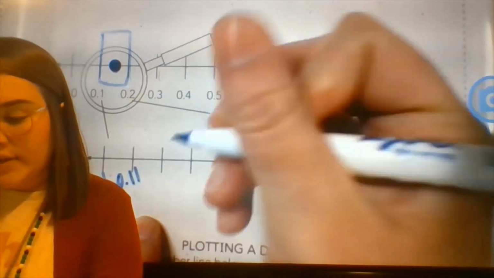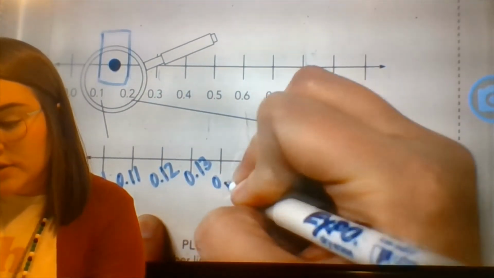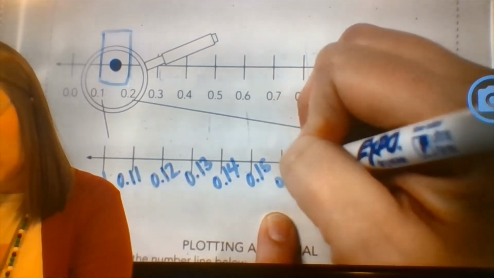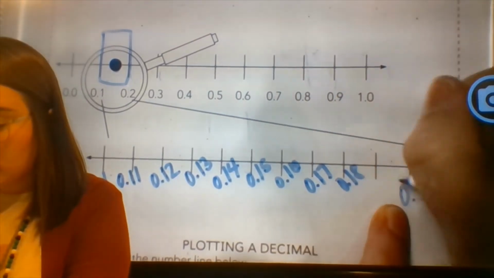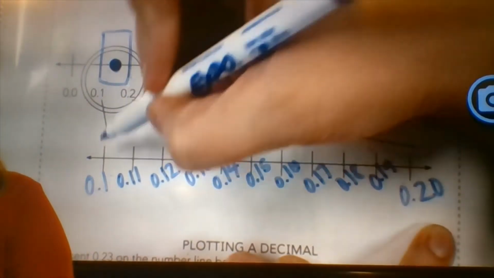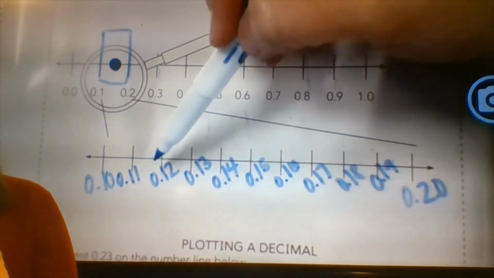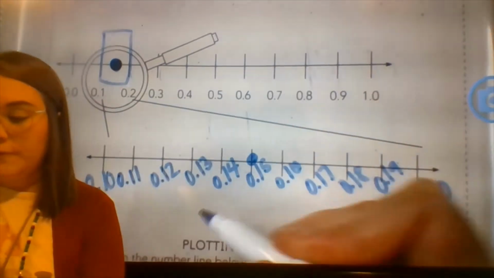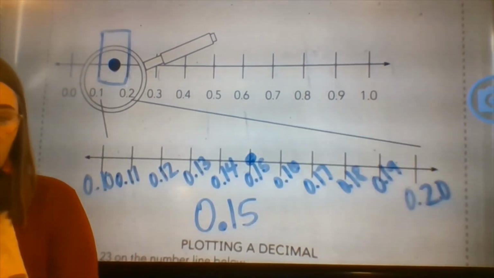So I've got 11 hundredths, 12 hundredths, 13 hundredths, 14 hundredths, 15 hundredths, 16 hundredths, 17 hundredths, 18 hundredths, oops, 19 hundredths, and then remember this can be 2/10 or 20 hundredths, and this can be 1/10 or 10 hundredths. So I just counted 10 hundredths, 11, 12, 13, 14, 15, 16, and I know right in the middle is 15 hundredths. So this is represented on that number line, 15 hundredths.